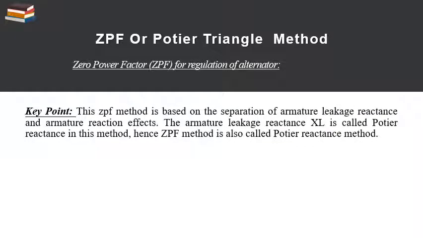Key point of this method is the ZPF method is based on the separation of armature leakage reactance and armature reaction effect. The armature leakage reactance XL is called Potier reactance in the method.